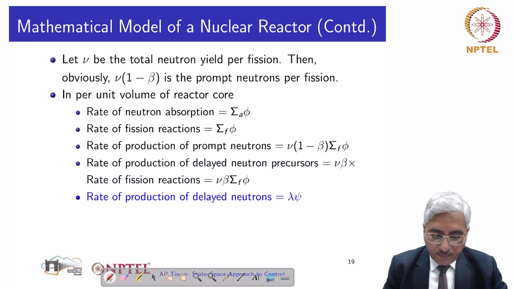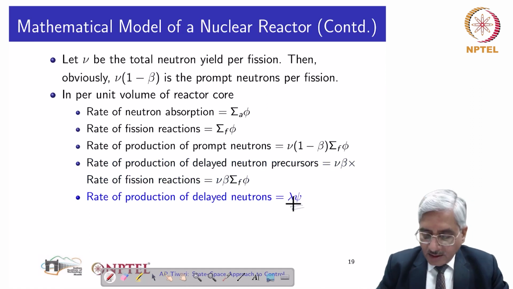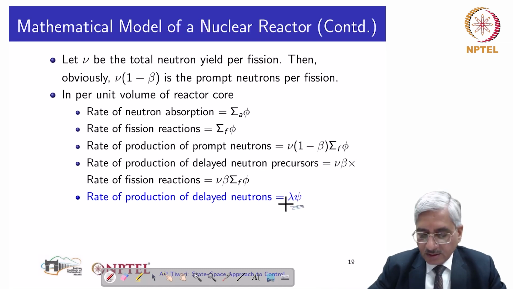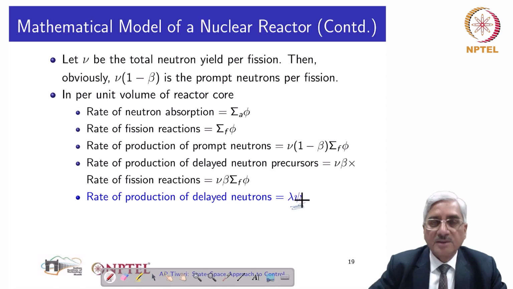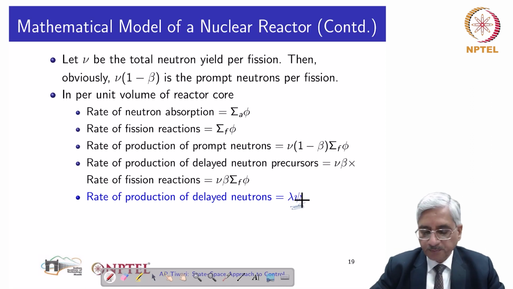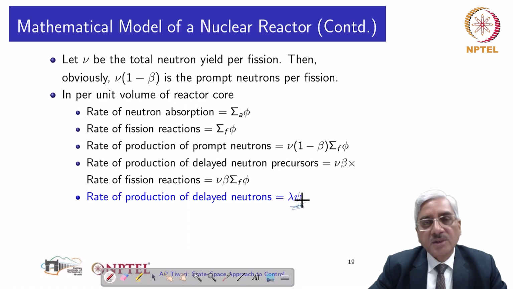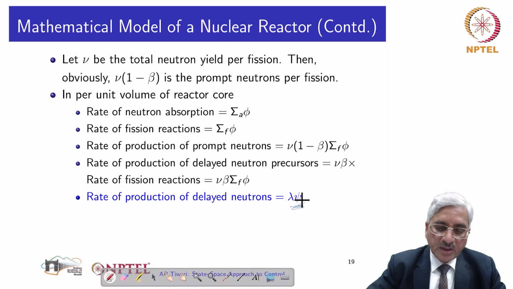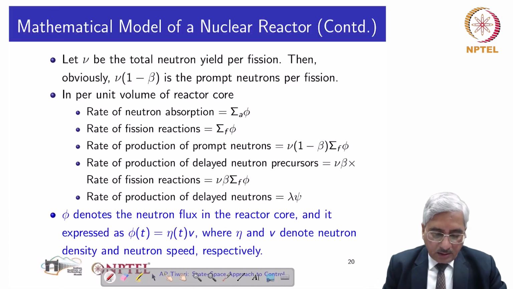Rate of production of delayed neutrons is the radioactive decay rate of delayed neutron precursor, which is decay constant into the concentration of the delayed neutron precursor per unit volume. So lambda times psi is the rate of production of delayed neutrons. This I have already said.